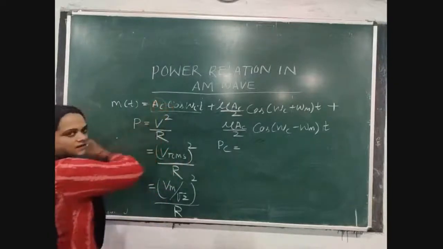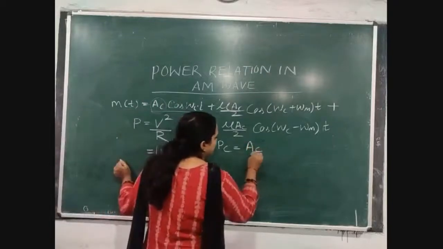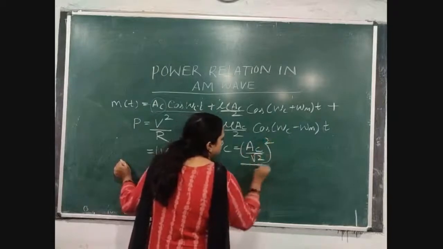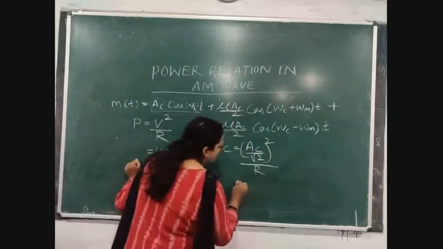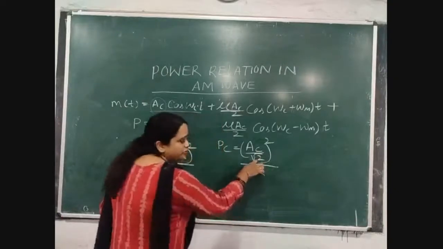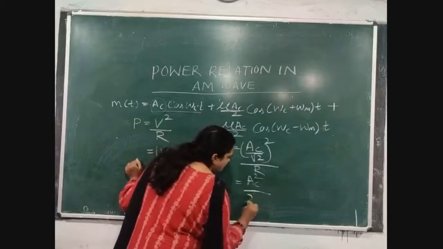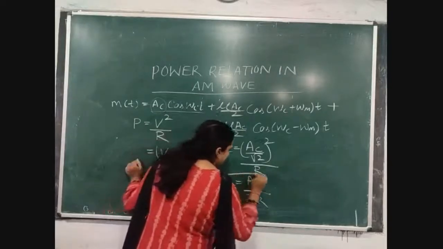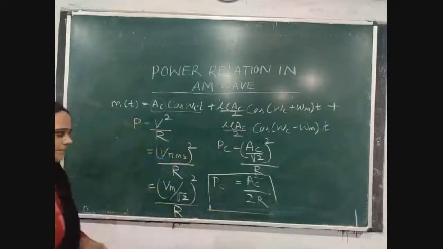This one. So Ac by root 2 whole square by R. Squaring the root 2 gives Ac square by 2R. So this is the value of PC.